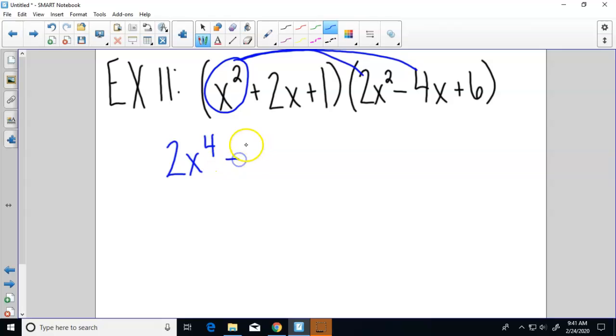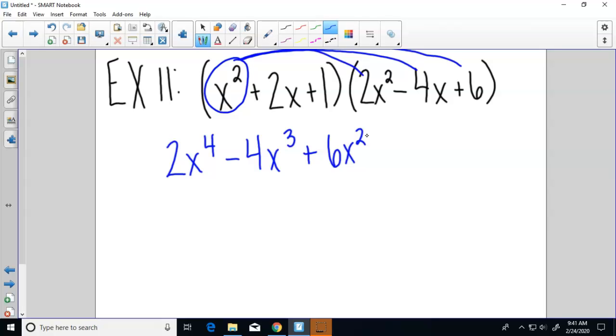And that's going to be negative 4x to the 3rd power. And then x squared times positive 6 is going to give me plus 6x squared. All right, everybody with me there?